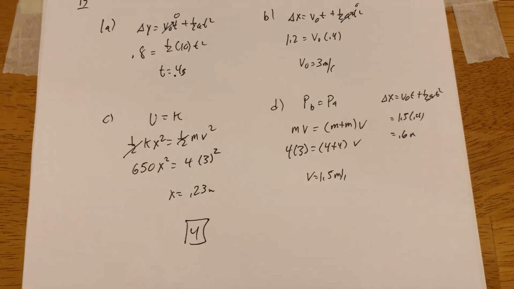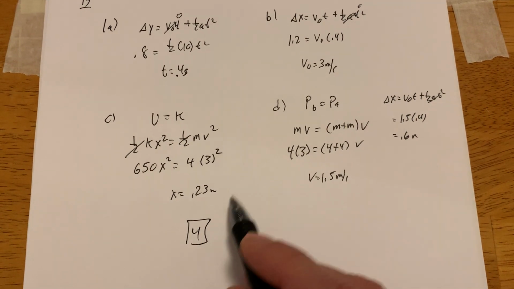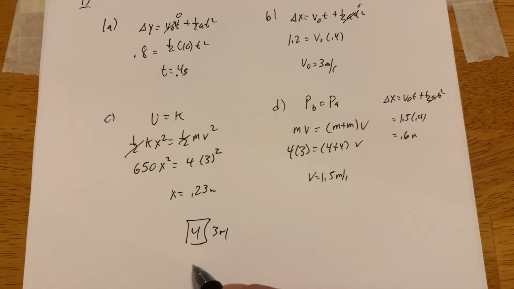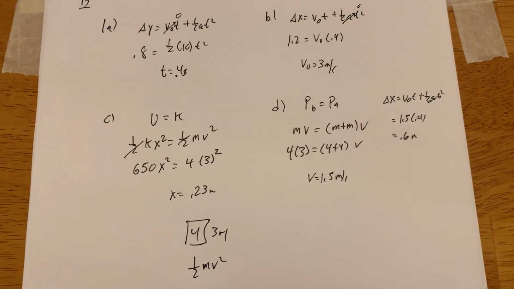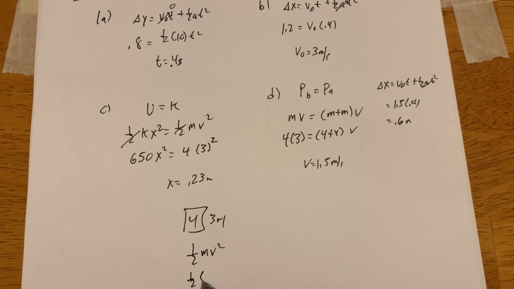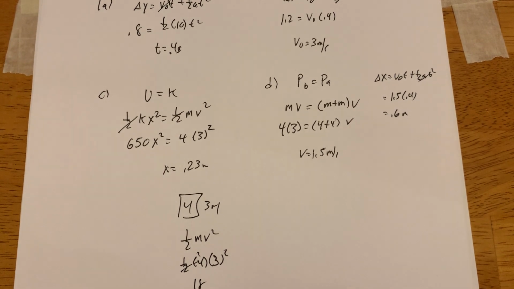I just have this 4 kilogram object, and what did we say it was going? 3 meters per second. 1/2 mv squared. How much energy is here? 1/2 times 4 times 3 squared, 9 times 2 is 18. So in the beginning, E1 is equal to 18 joules.